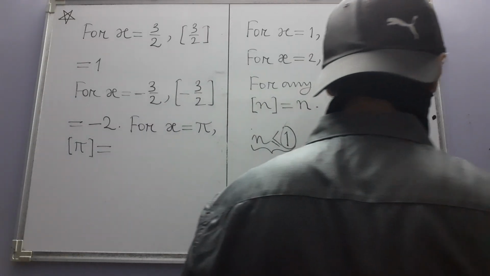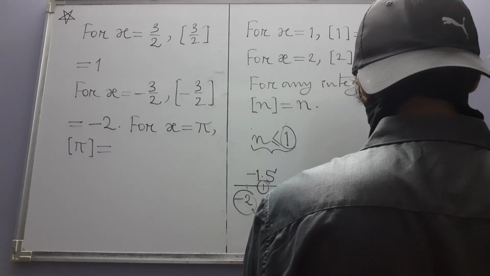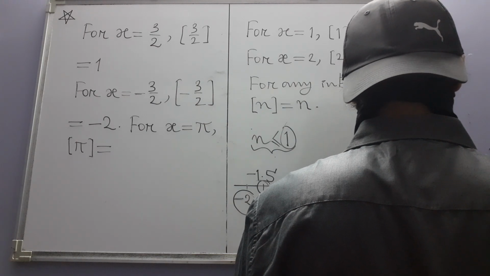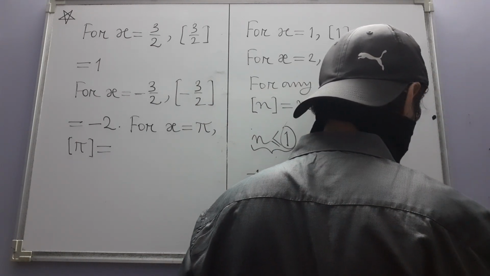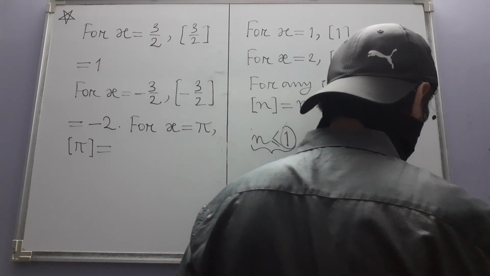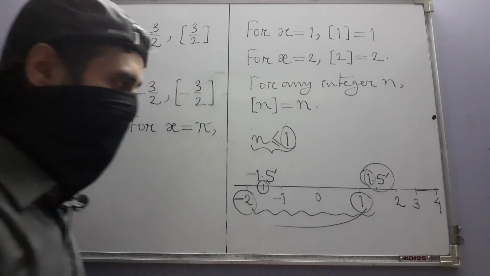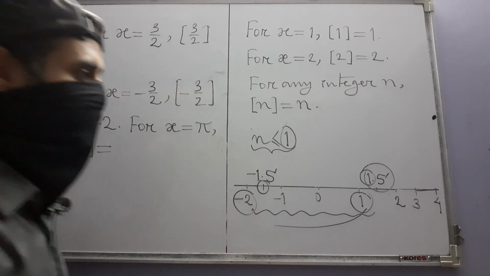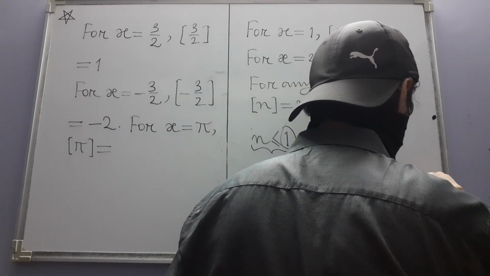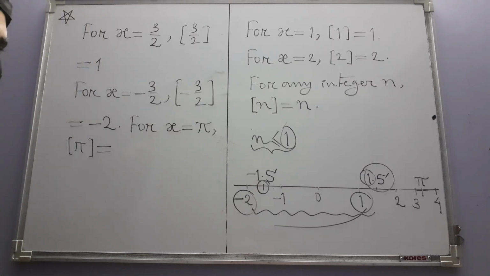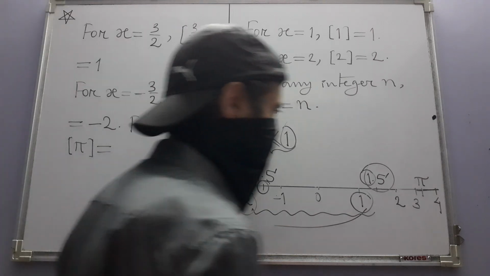If you extend it on that side, I do not have much space to show everything, but if you just imagine that you have 3 here, you have 4 here, you know that pi lies between 3 and 4. 3.141592653, something like that, no?